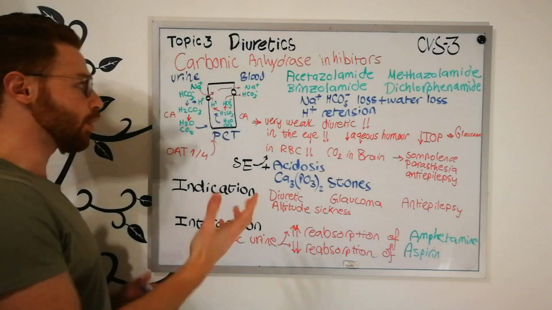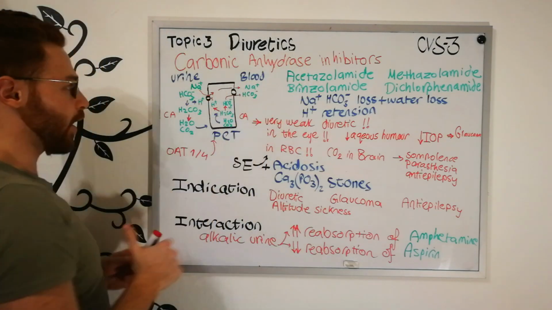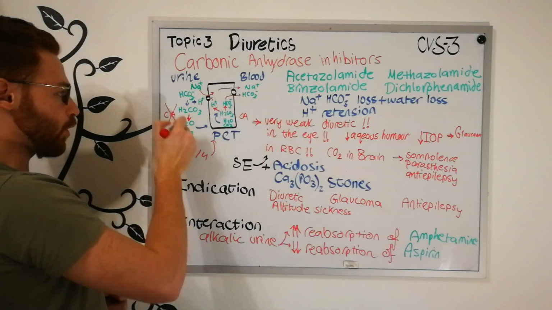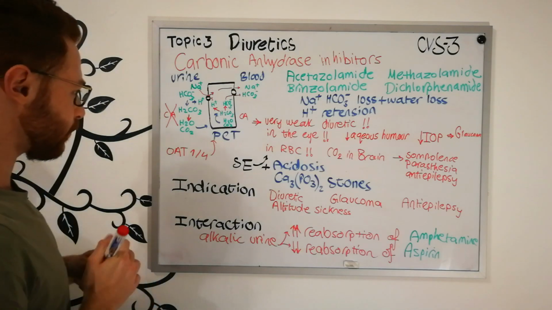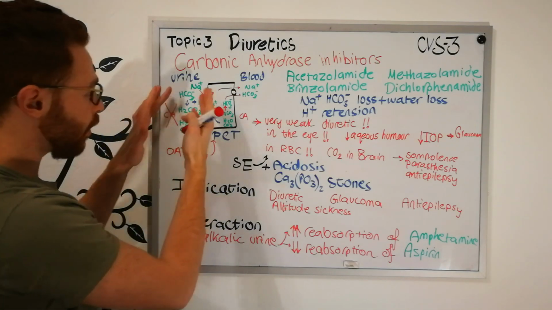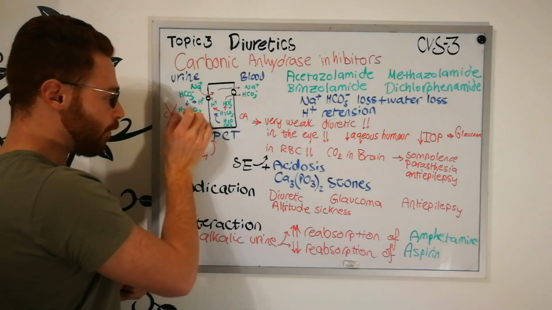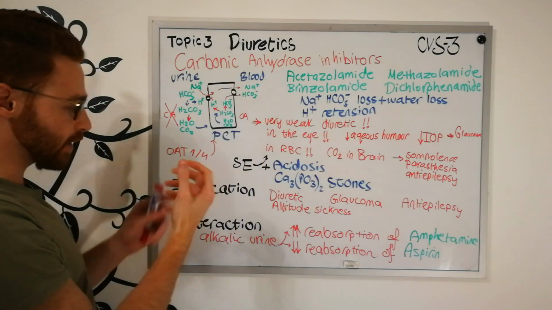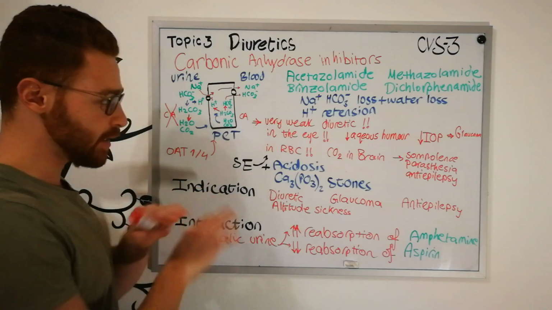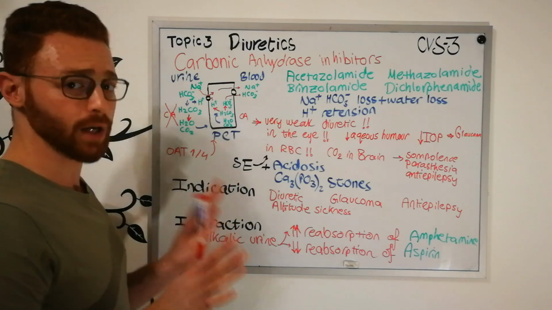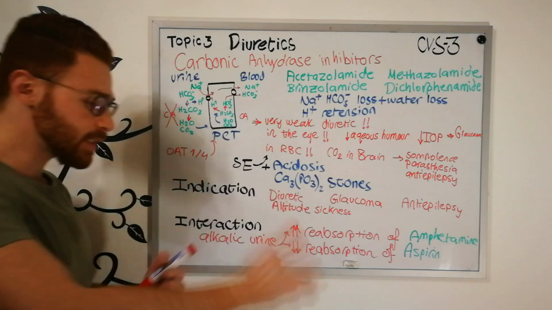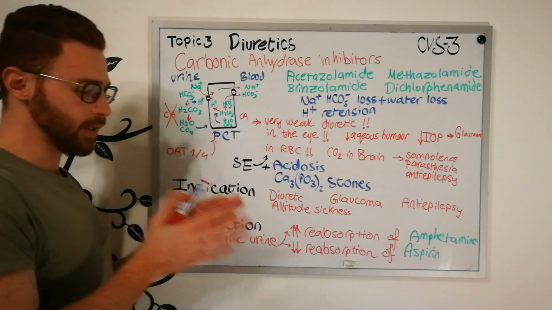Because if we think about it, now we applied the drug, right? And we have inhibited this process. Okay? Now, the bicarbonate that has reached the lumen of the nephron by the filtration is going to be lost from our body. It is never going to be reabsorbed. Okay? Now, the next bicarbonate is going to face the same thing.